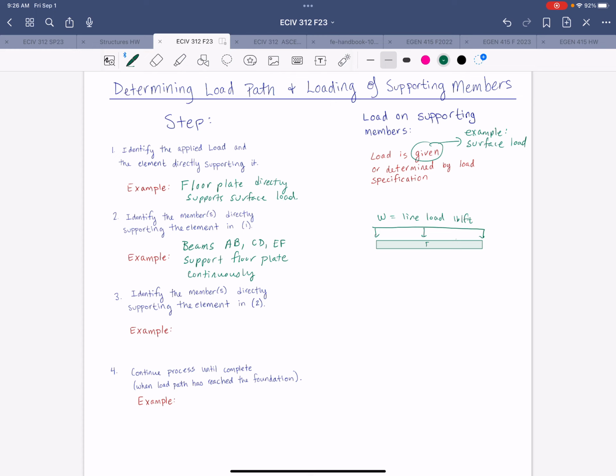I'll label this as the beam. And that beam would be supported at each end by a girder.